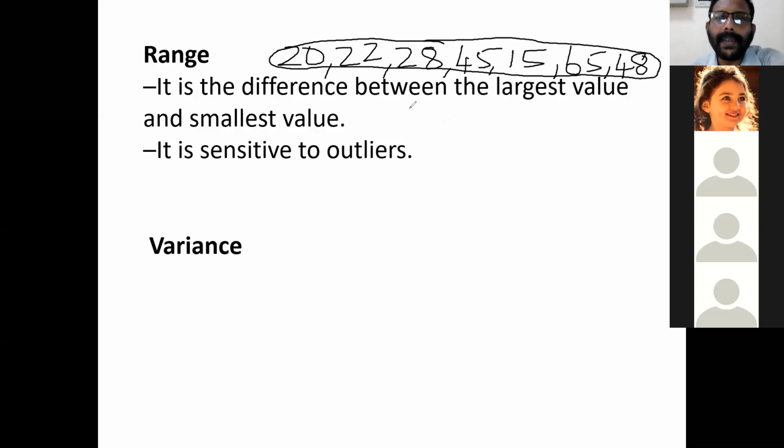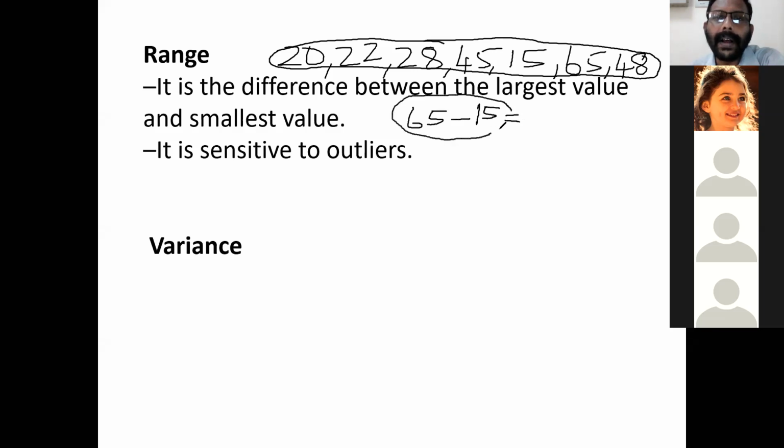What is the largest value? 65. The smallest value? 15. Right. So we can give the range of this data set as 40.